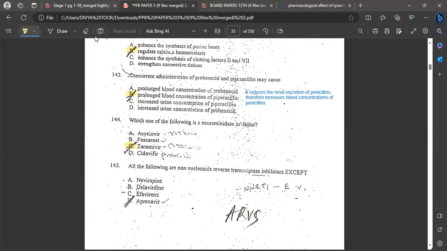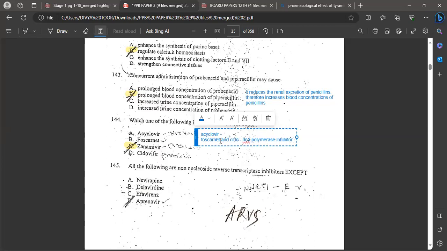And the others, which class are they? Foscarnet is a DNA polymerase inhibitor. Cidofovir will also inhibit DNA polymerase.